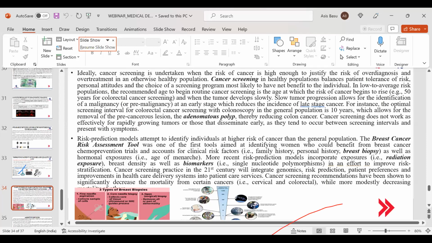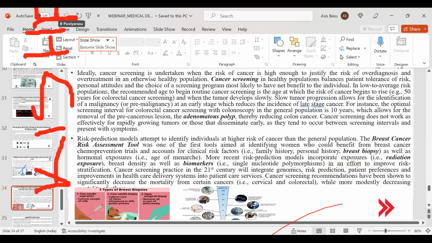In many types of cancer, tertiary is the last stage. So it's very important that if we can screen patients for whether they are at risk of developing cancer, then maybe we can save that person from tumor progression, as in progression of the cancer from a benign stage to the malignant stage.